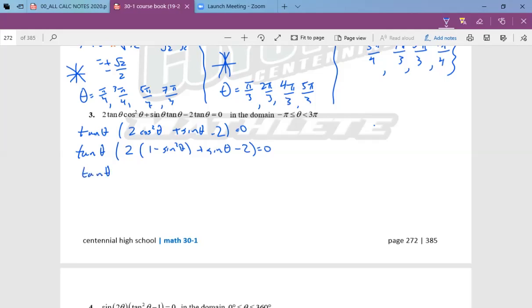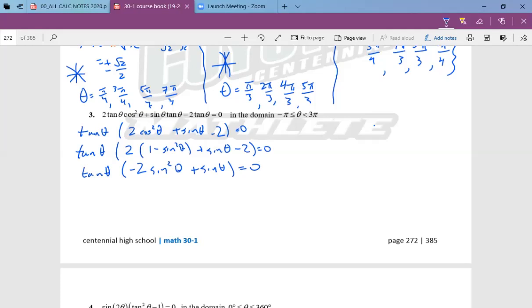Tan theta, just distributing. This ends up being negative 2 sine squared theta. We have plus sine theta. And then the positive 2 from that first term, minus 2, those add to 0. So what's this?